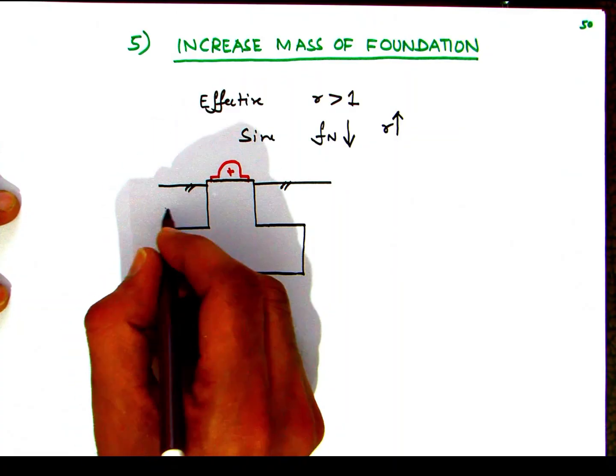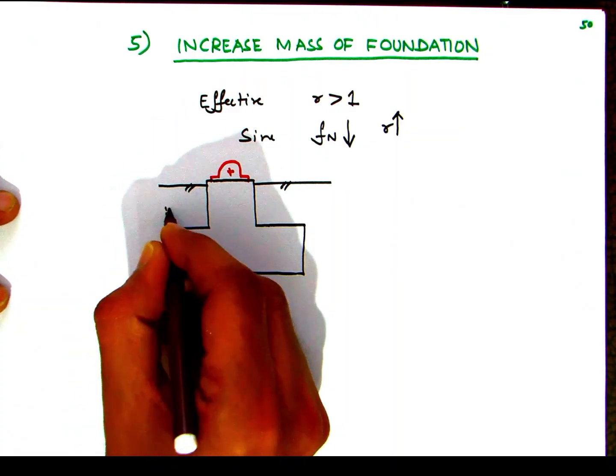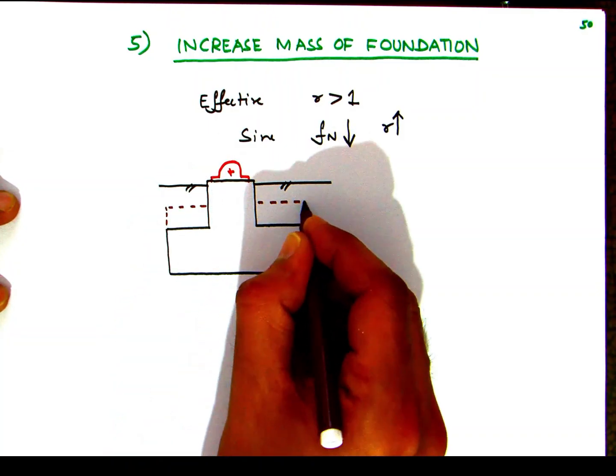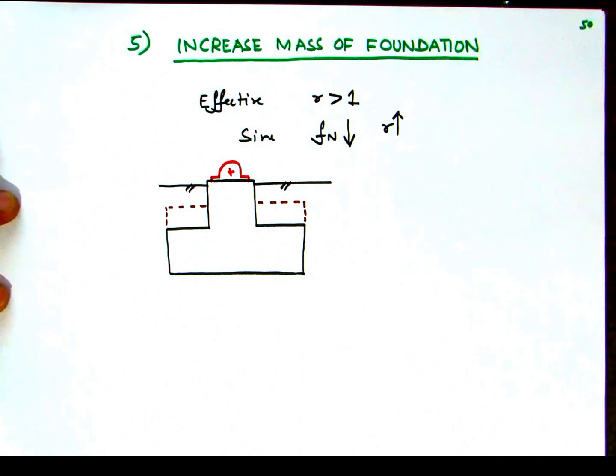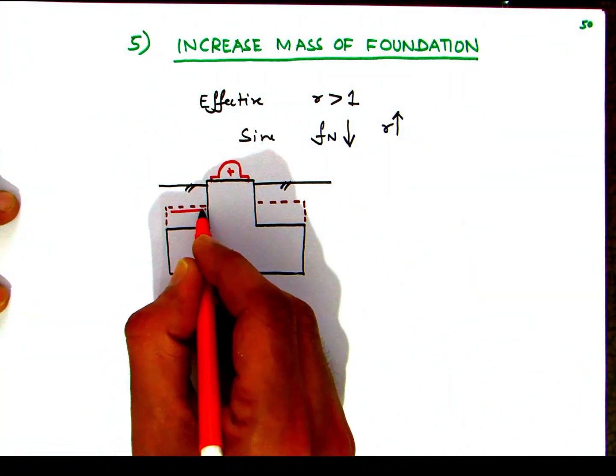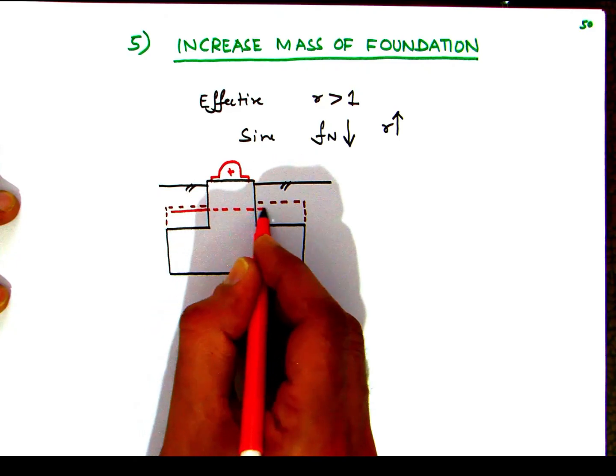The process involves increasing the thickness of the base slab rather than increasing its area. Since thickness is increased and area is not increased, it leads to increase in the mass without increasing the stiffness. So the process is explained here.